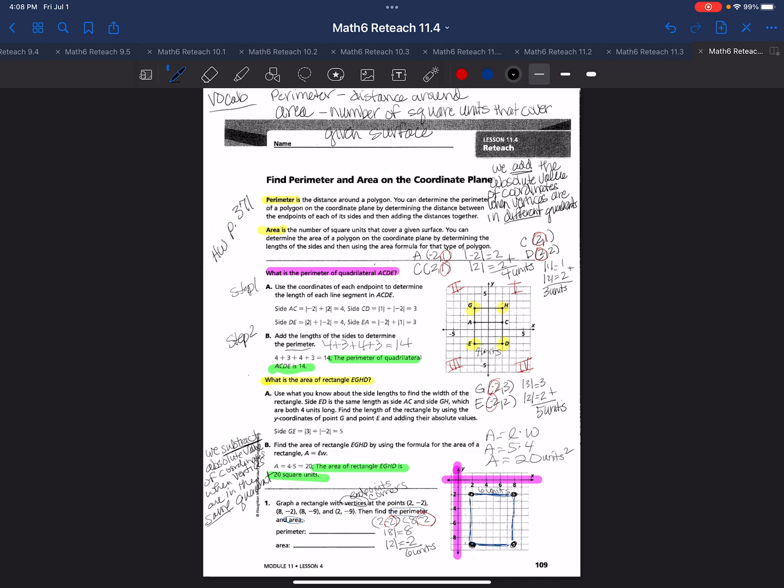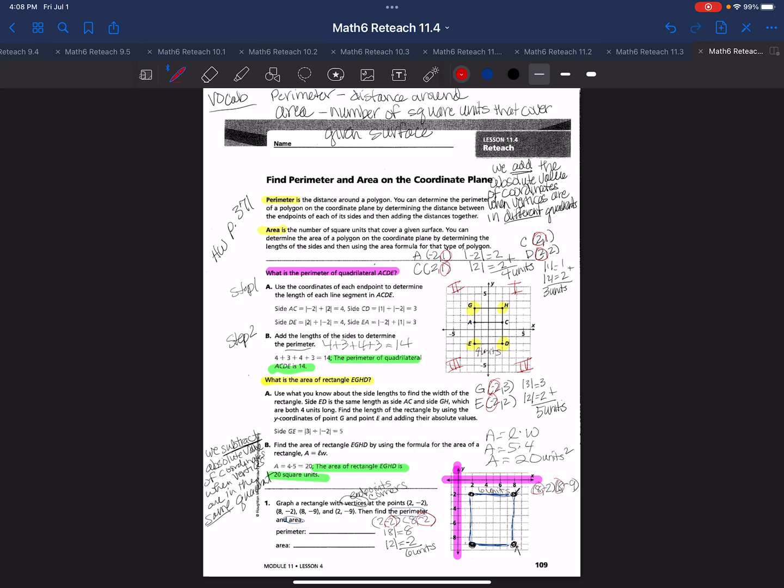And then let's do the next one. The next one is I have the point here, 8 and -2, right here. And then this one below it is 8, -9.